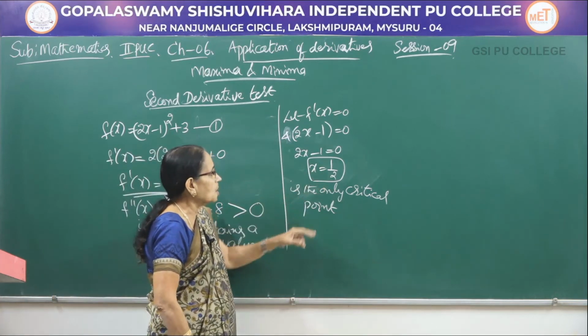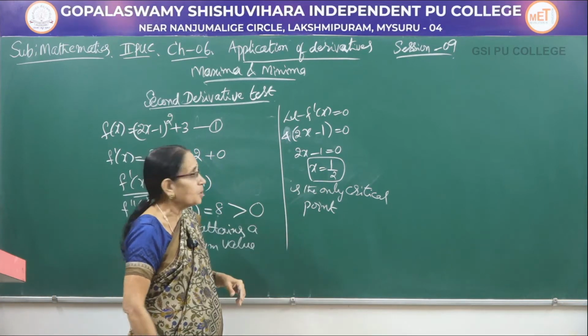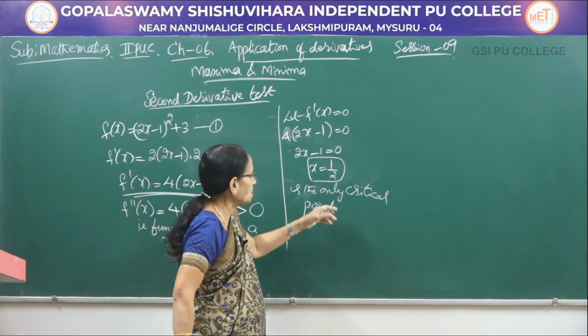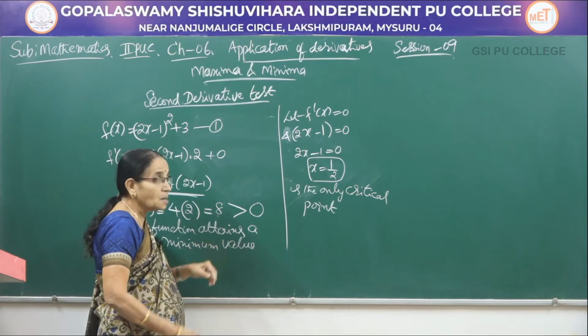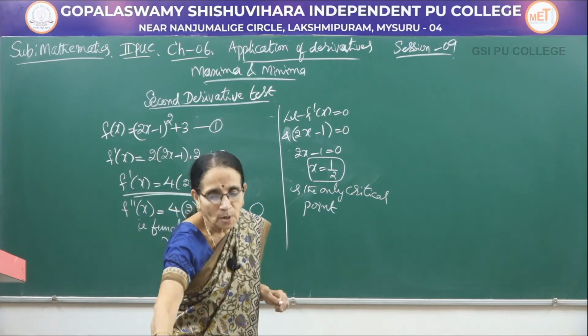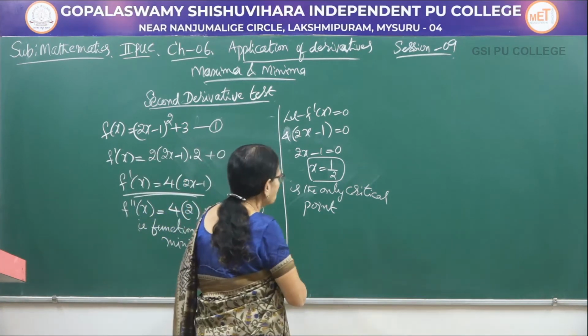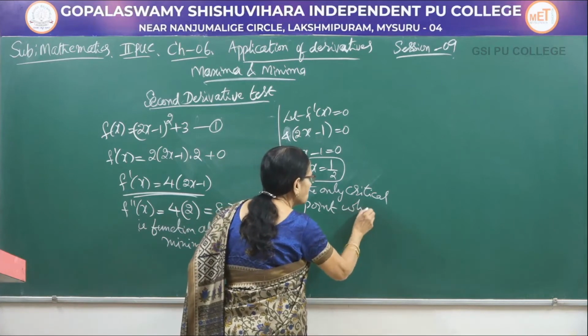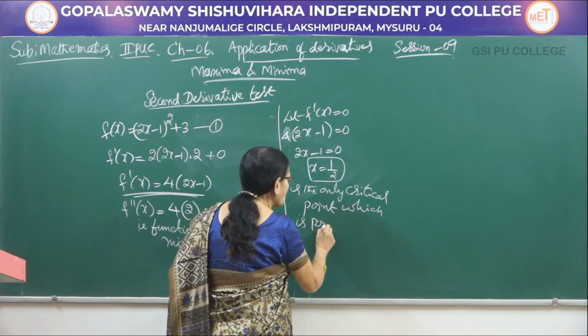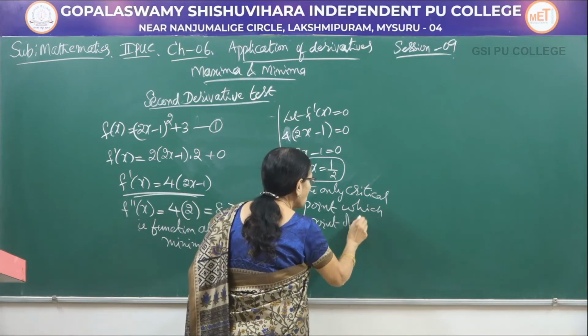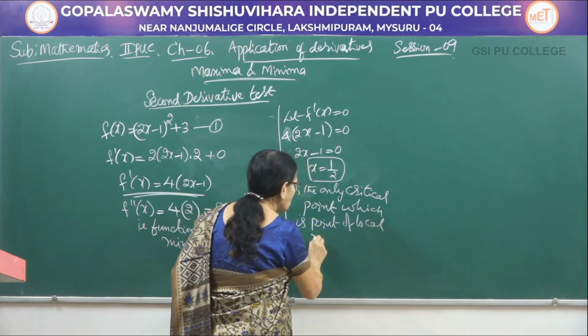So x equal to half is the only critical point, and in this case you can write it is a local minimum point, which is a point of local minima.